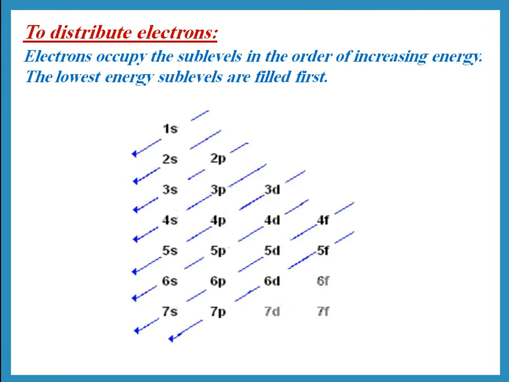The order of increasing energy, they found that if I go along these arrows, that means I need to fill the 1s first, and then I go to the 2s and fill it, and then to the 2p, and then the 3s, and then the 3p, and then the 4s, and then the 3d. Can you see what's happening? 3d, 4p, 5s, 4d, 5p, 6s. This is the order in which we need to fill the electrons.